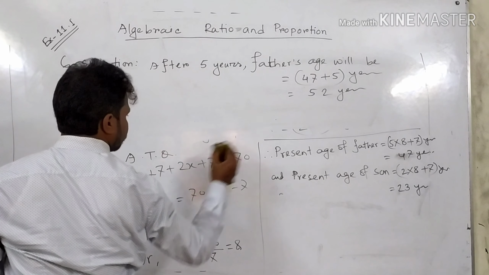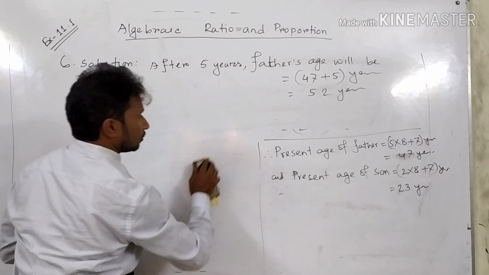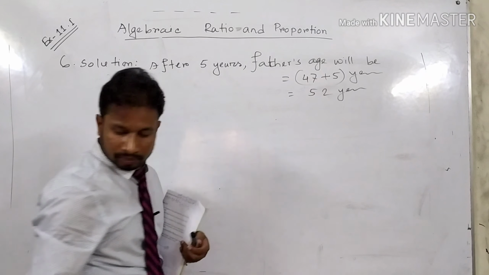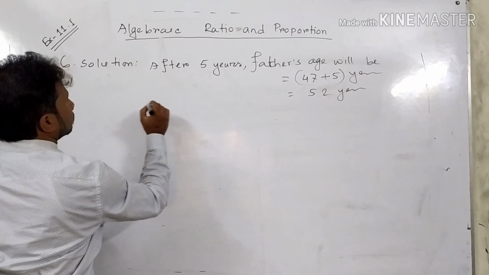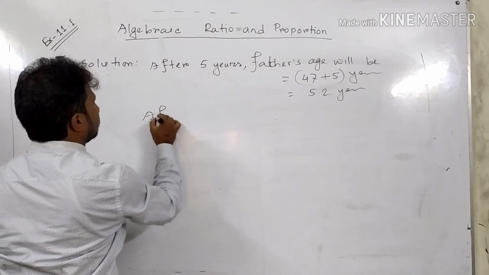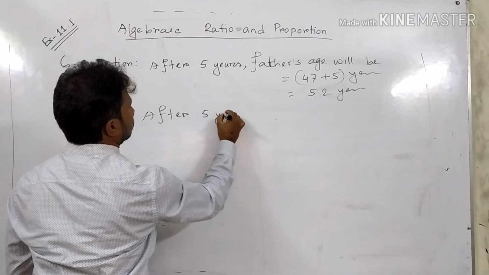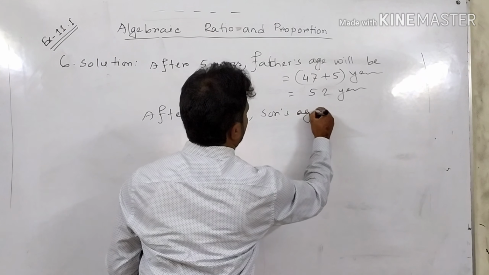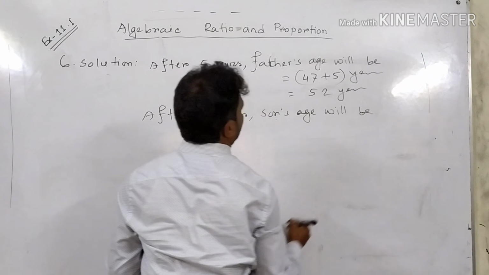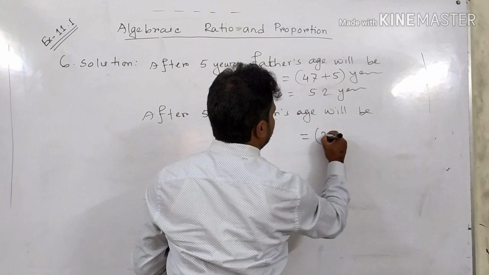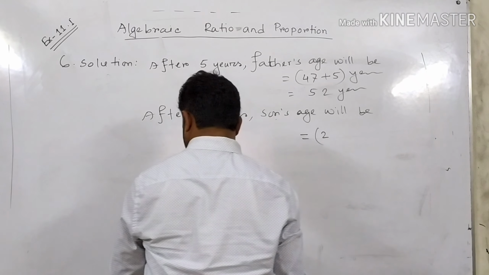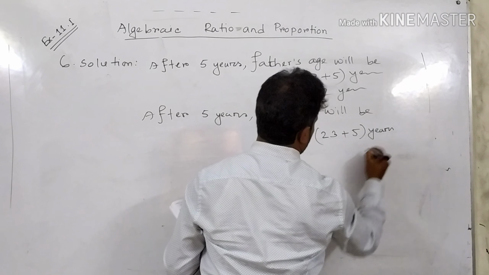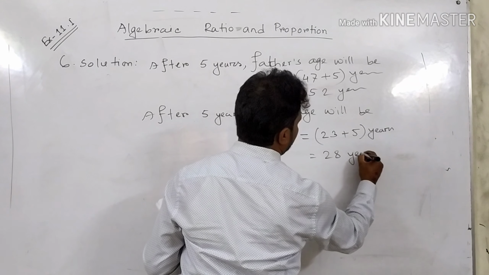And after 5 years, son's age will be 23 plus 5 years, equal to 28 years.